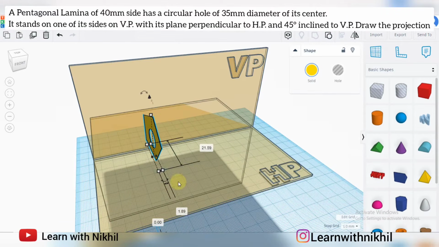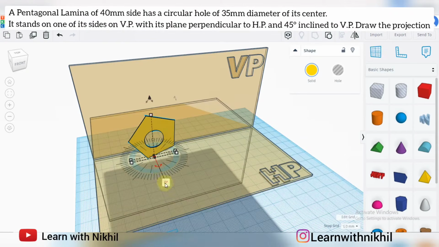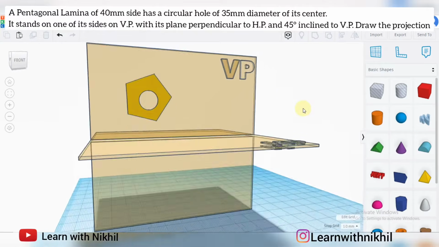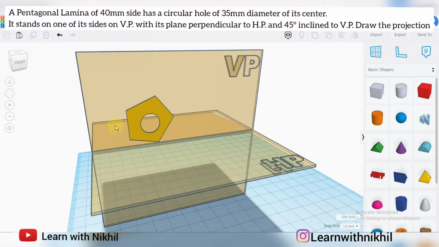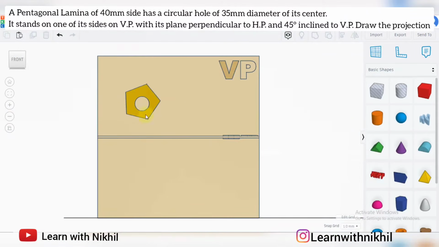So here if you can see, I'll first place this for drawing on the paper. The pentagon I'm considering like this. So if I convert this into a two-dimensional plane, this will be the front view. This is how the pentagon will be visible on the vertical plane.